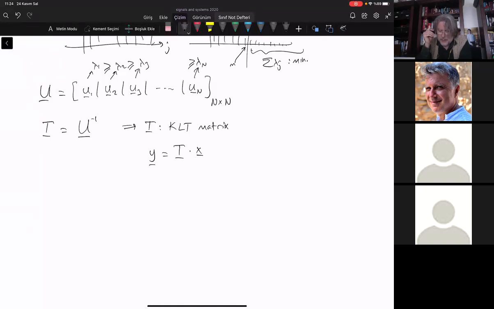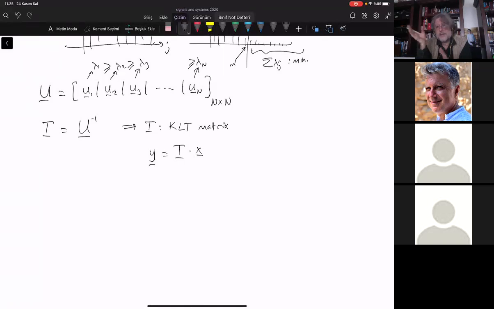This is telling us a few things. First of all, KLT is therefore not a universal transform. We don't have a KLT matrix with some fixed numerical values. You can construct your own KLT matrix depending on what kind of autocorrelation Rx you have in your signal.